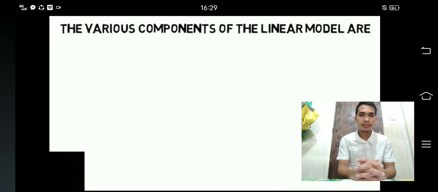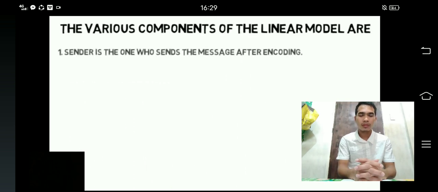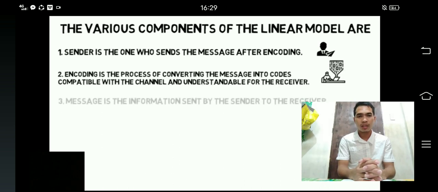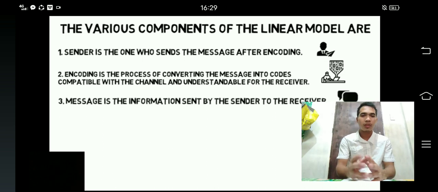Now let's talk about the various components of the linear model. Sender is the one who sends the message after encoding. Encoding is the process of converting the message into codes compatible with the channel and understandable for the receiver. Message is the information sent by the sender to the receiver.